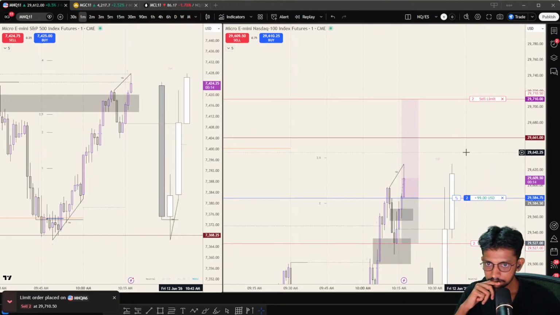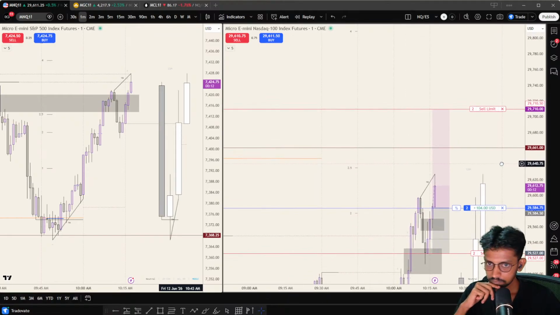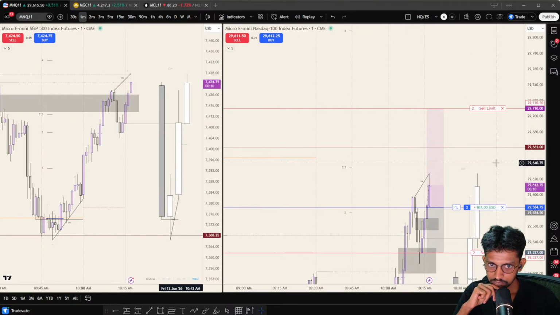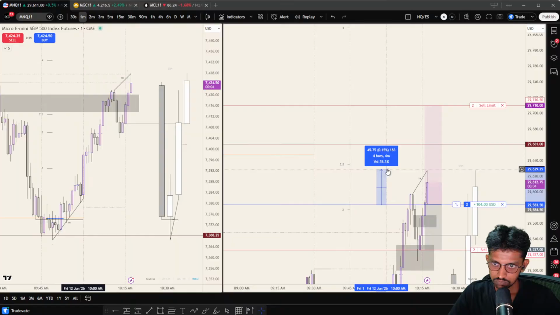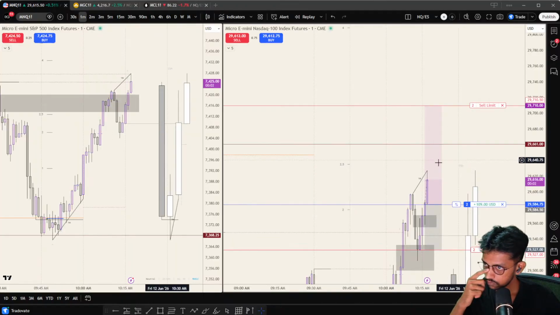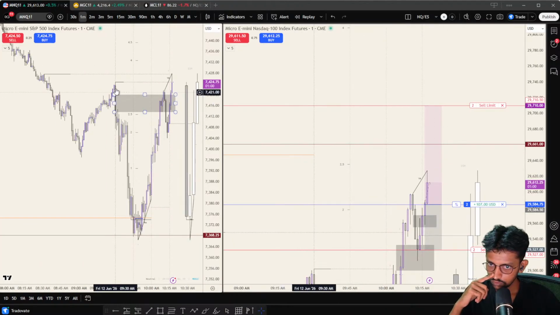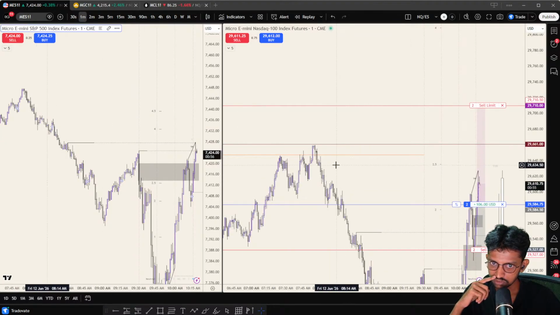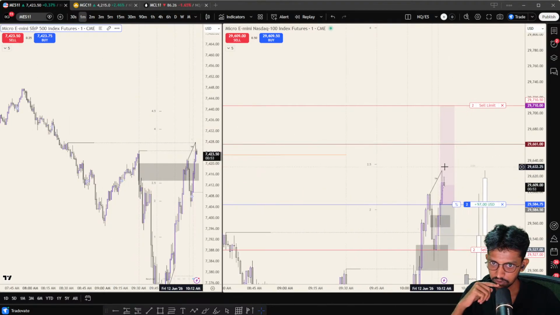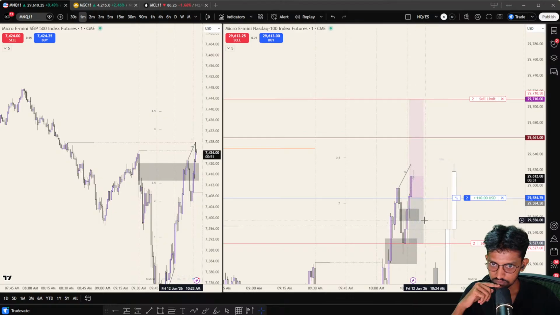Very done. A 45, 50 point move. 50 points moved. Beautiful low resistance liquidity, equal highs up there, everything is good. We also had this inversion, everything's looking beautiful.